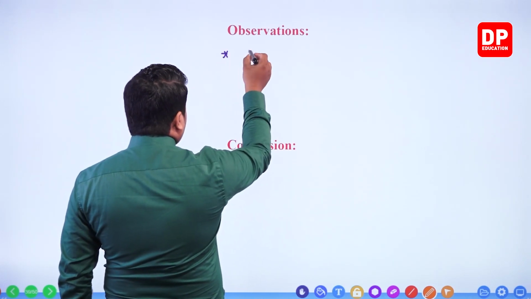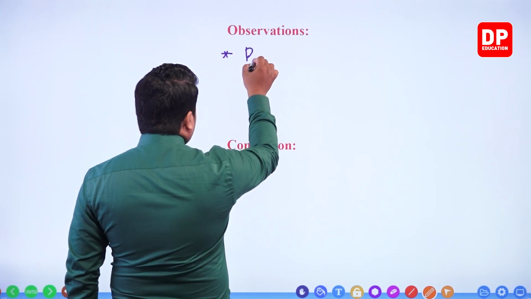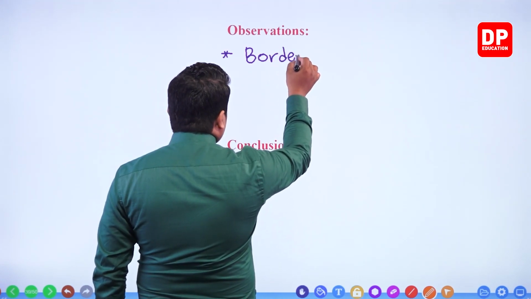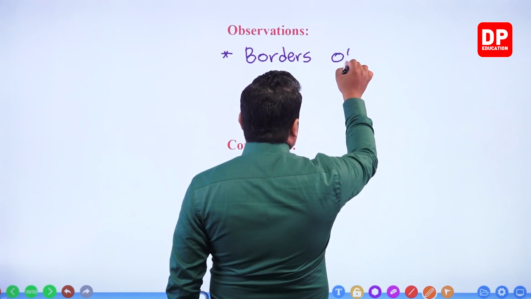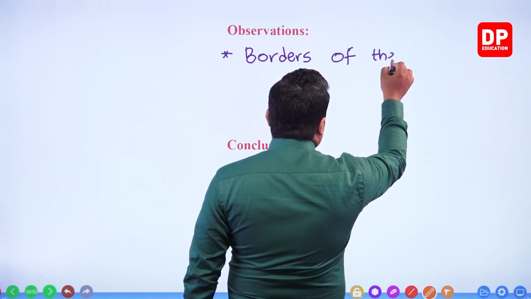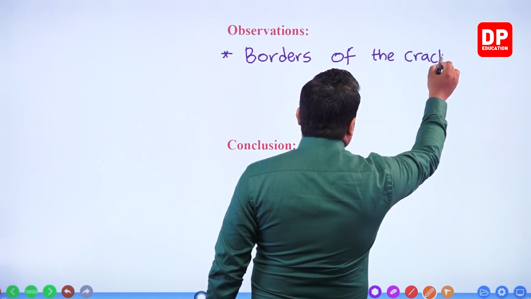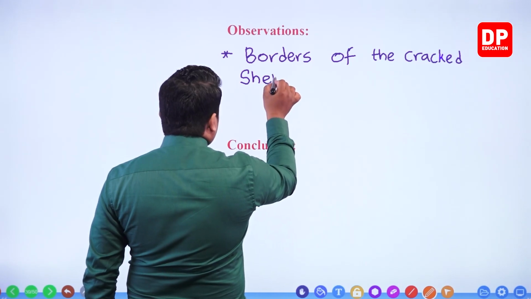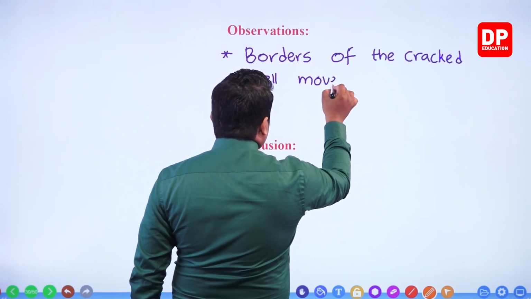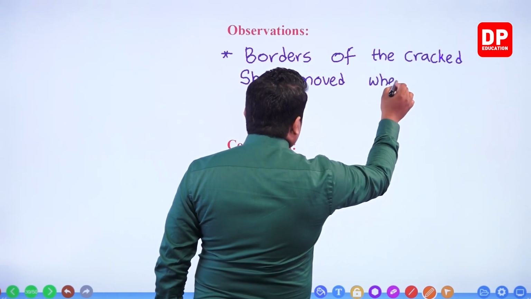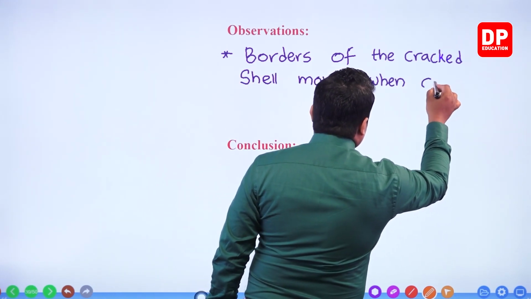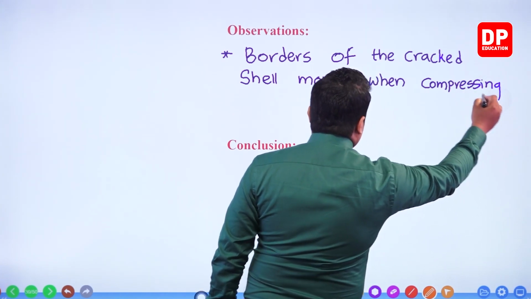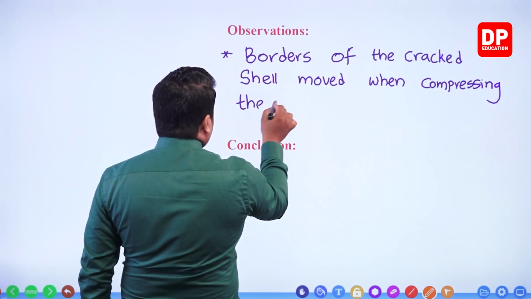So here we'll write: borders when compressing the egg.